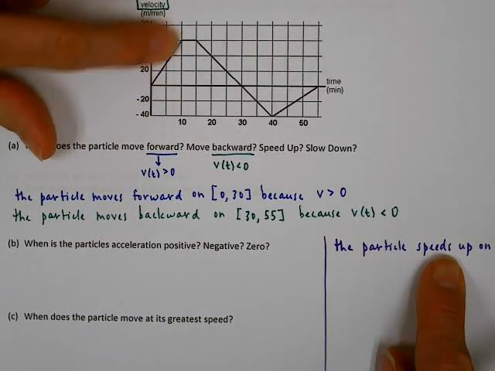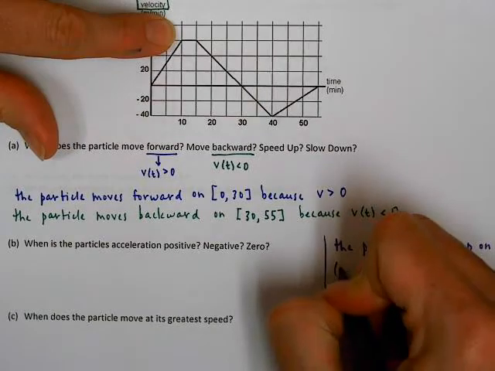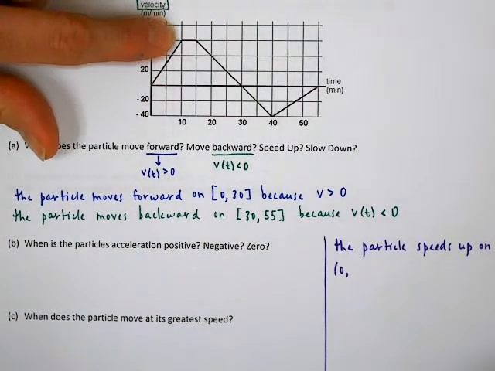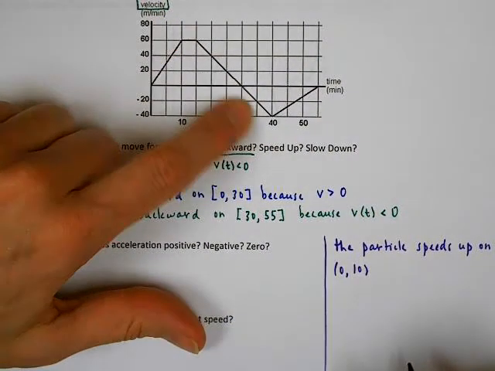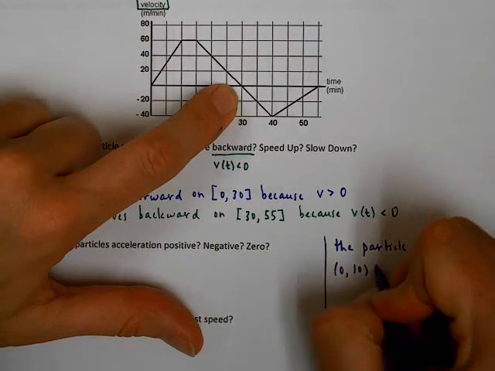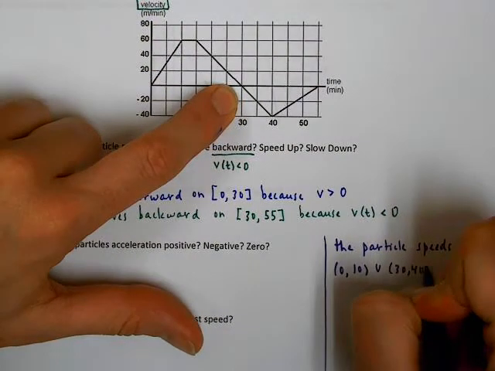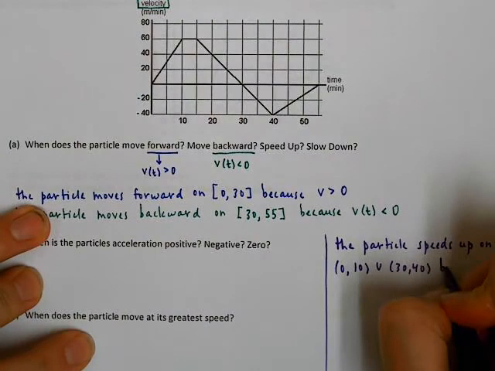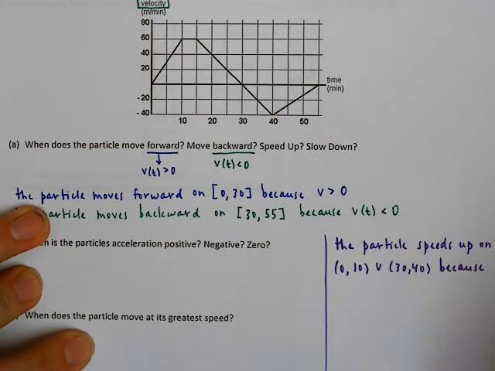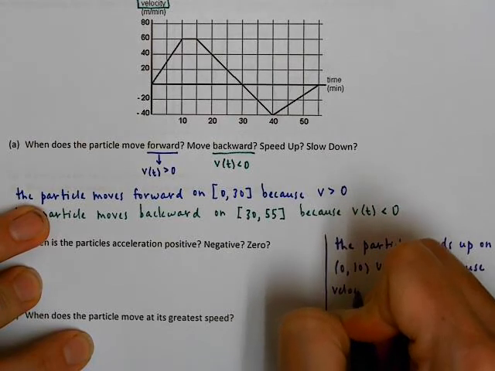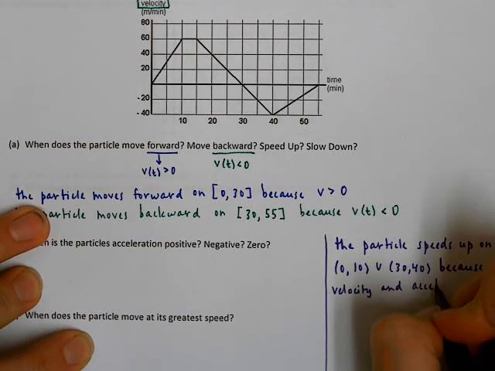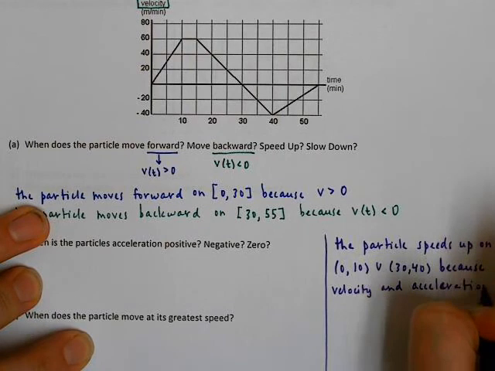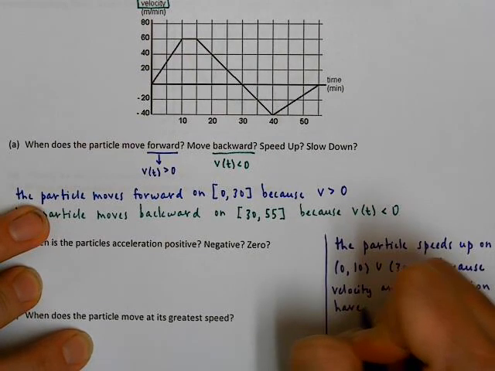So I'm going to be above with a positive slope, so 0 to 10. I could also be below with a negative slope. So from 30 to 40, because velocity and acceleration, sorry about that, have the same sign.